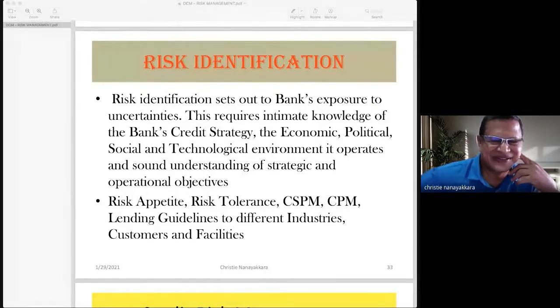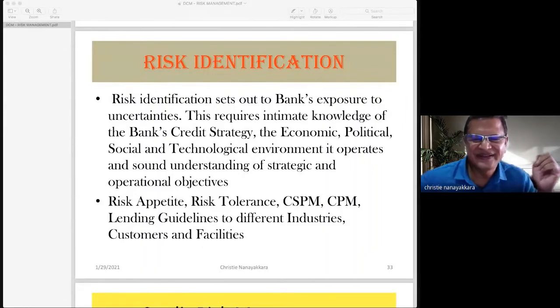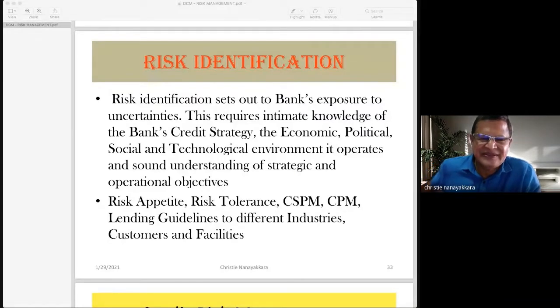So if our strategy is understood mainly by the credit risk management department, then they also need to understand the economic, political, social and technological environment it operates in. Because sometimes, if you are in the business unit, you have no time to look into how the country is doing.